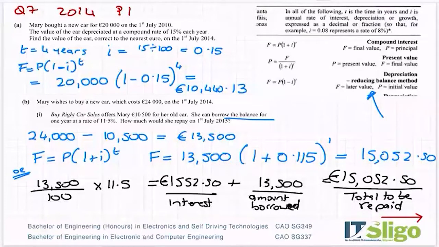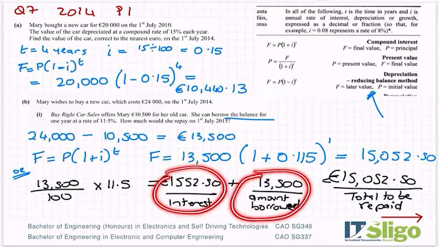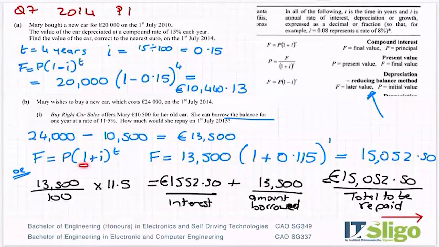That's all that formula is. It just does the calculation of the interest and adding it on all in one go. So that's the adding it on effectively. That's the calculating the interest bit. And it will work that way too. Okay, so either way, she's paying back 15,052 euros and 50 cents if she goes with Buy Right Car Sales.